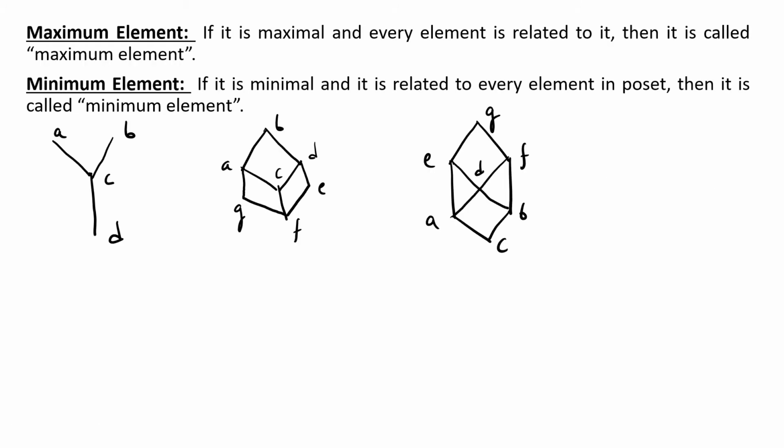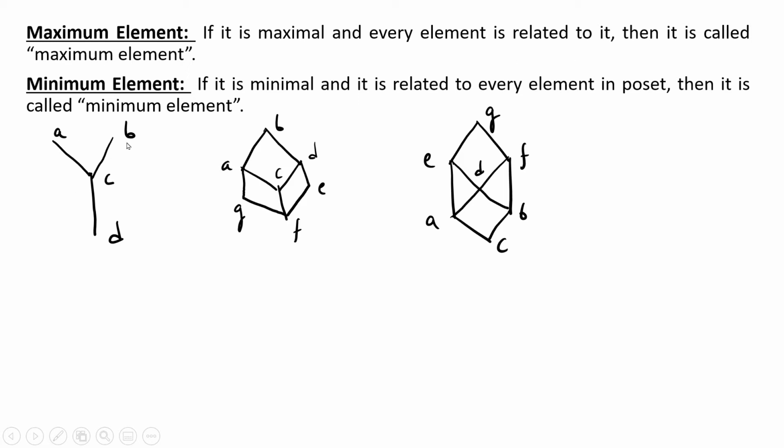We have maximum element and minimum element also. For a maximum element, if it is maximal and every element is related to it, then it is called a maximum element. Like this, we have A and B as maximal elements, and according to the definition, for a maximum element, it must be maximal and every element must be related to it.